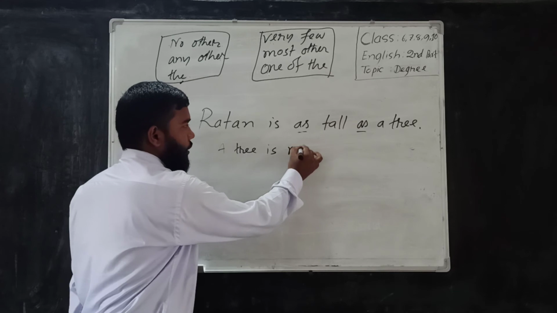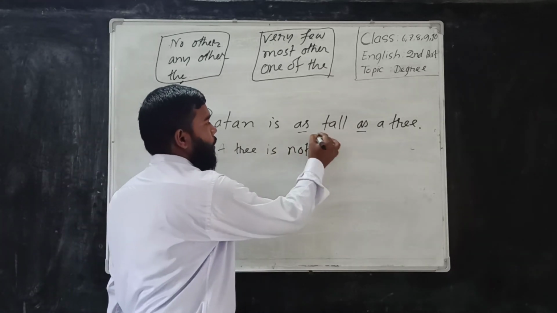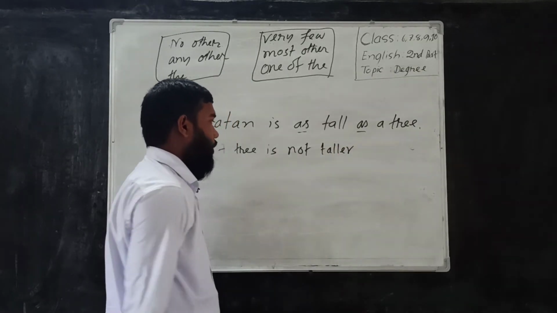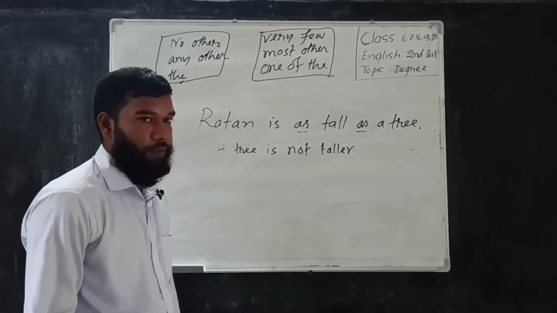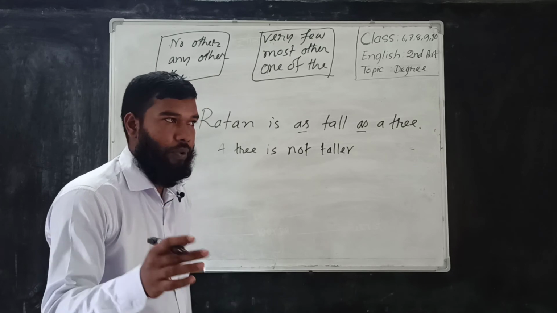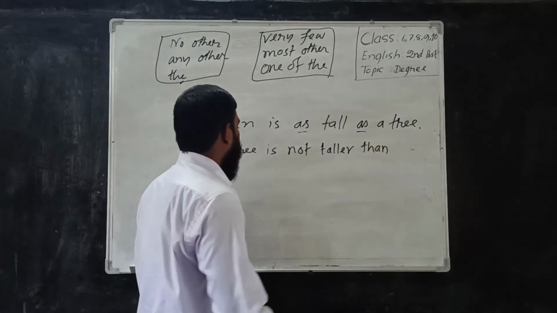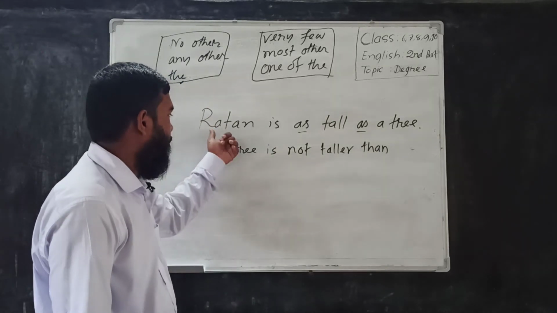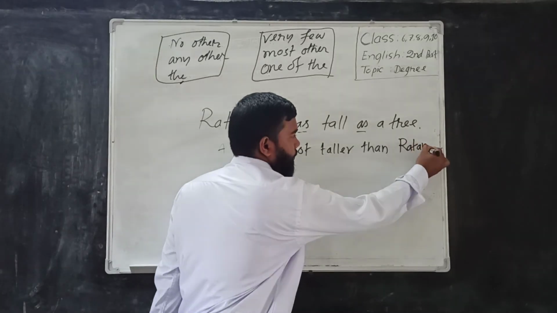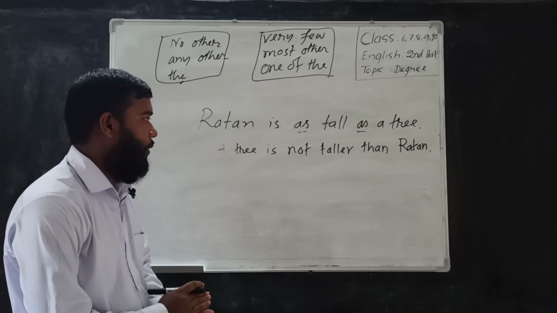A tree is not. A tree is not comparative form taller. You know that if you find any comparative form, after comparative form you have to write down than. A tree is not taller than first subject, Ratan. The answer is a tree is not taller than Ratan.